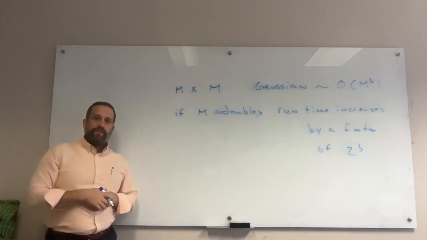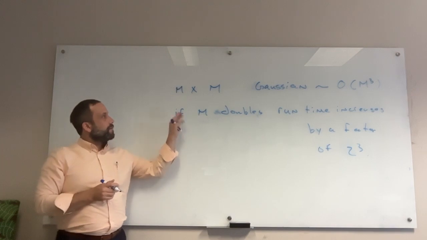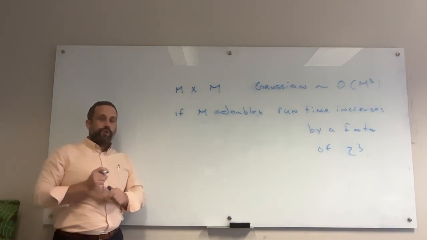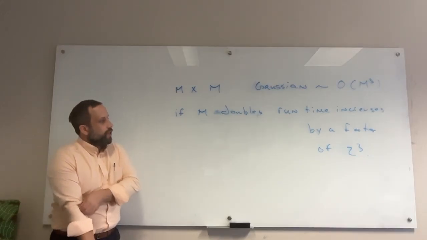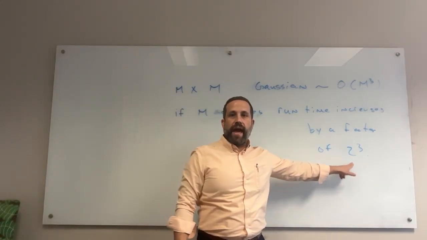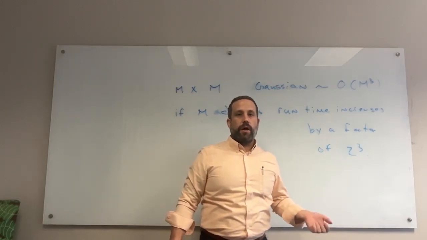So if we go from an M by M matrix to a 2M by 2M matrix, the runtime is going to roughly increase by a factor of 8. In other words, it's not simply going to double.